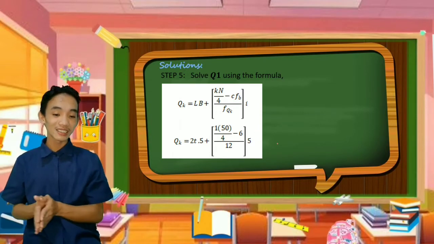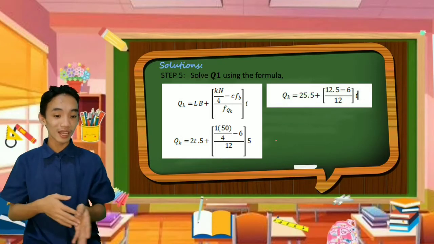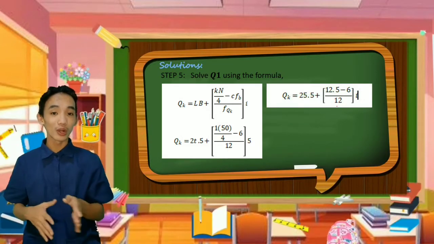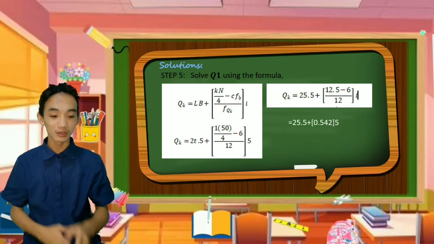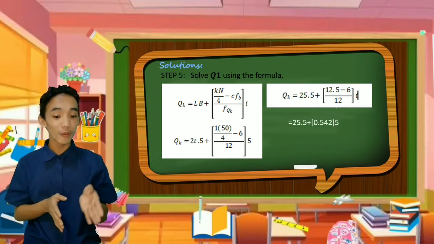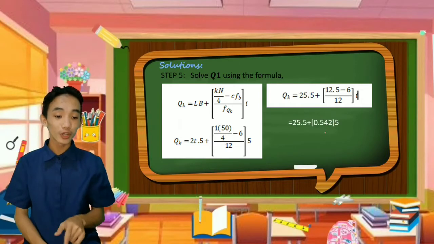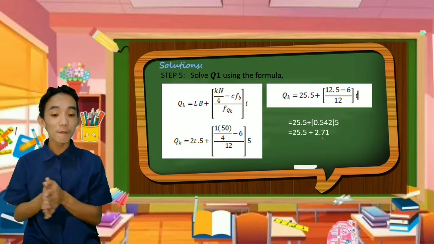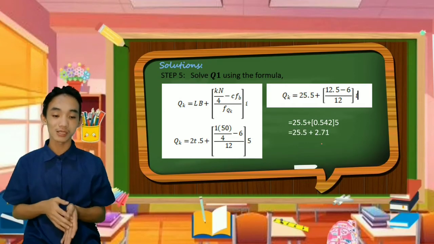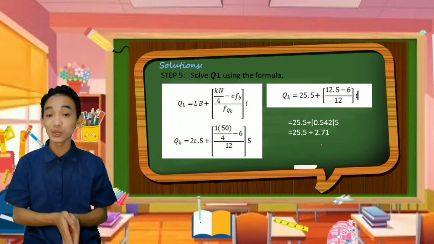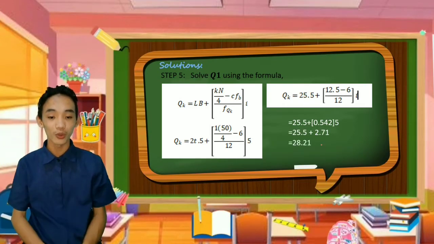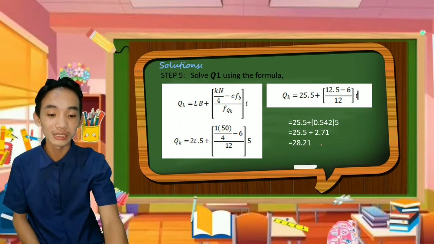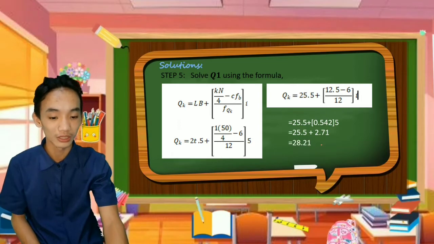Qk is equal to 25.5 plus 12.5 minus 6 over 12 multiplied by i. In the 25.5 plus 0.542 multiplied by 5, 25.5 plus 2.71 is equal to 28.21. So that means our Q1 is 28.21.